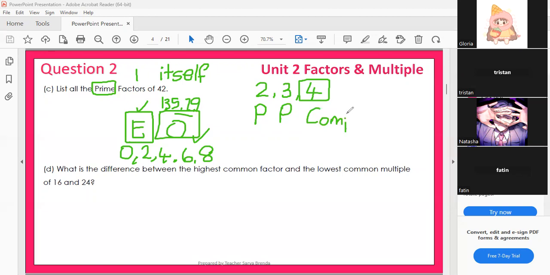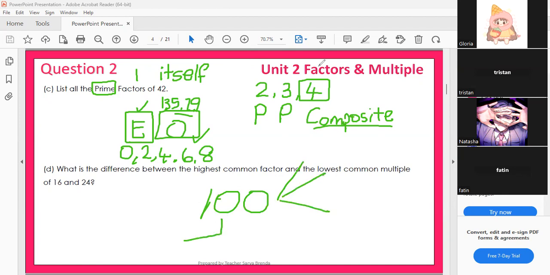Composite. I was waiting for this word, composite. Have you all forgotten? A composite number is a number made up of primes. For example, 100. 100 is made up of what? You can break it down, remember? For example, let's go with 10. What is 10? 10 is a composite number.